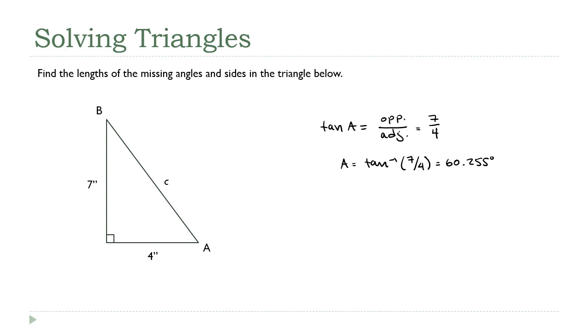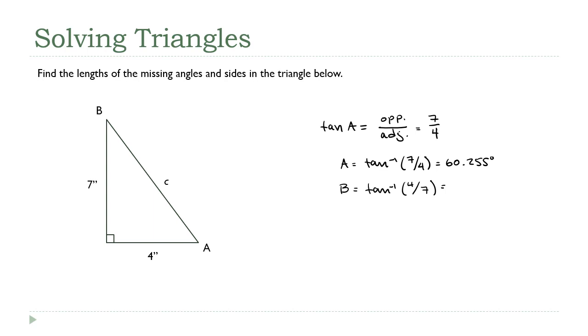Okay, so now from here, you really are kind of home free. We could say B is equal to the inverse tangent of 4/7, and that would work. Or you could do it the easy way.